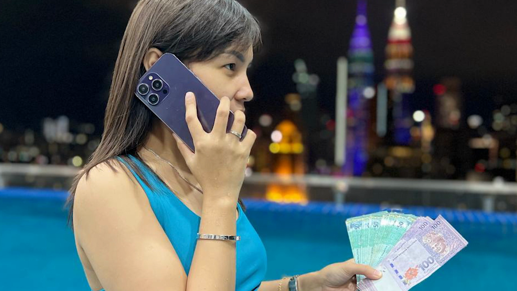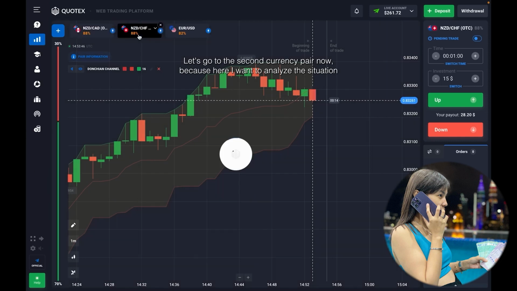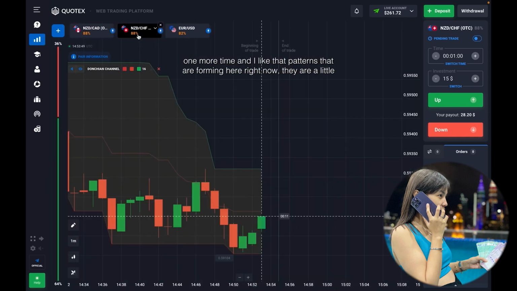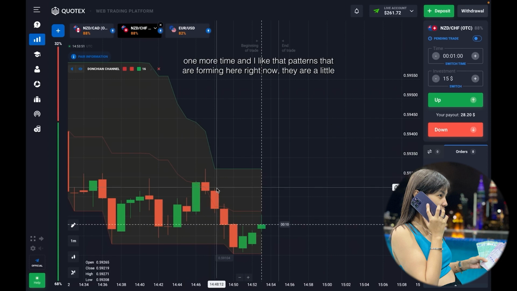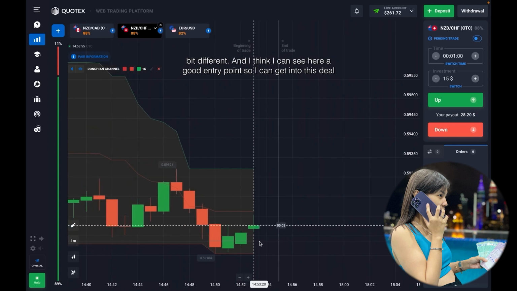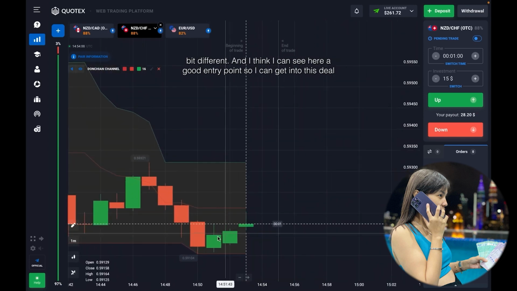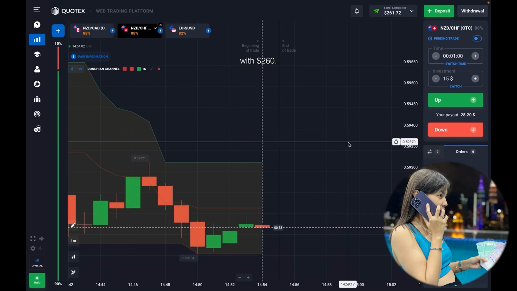And we can continue. So let's go to the second currency pair now, because here I want to analyze the situation one more time, and I like the patterns that are forming right now, and they're a little bit different. So I think I can see here a good entry point, and I can get into this deal with $260.